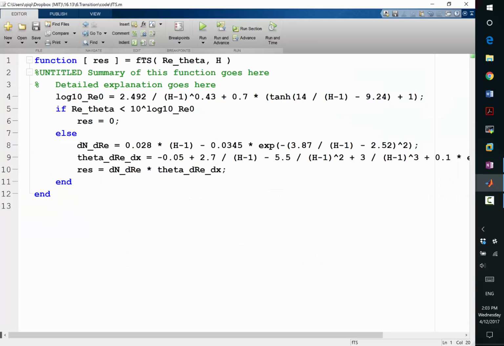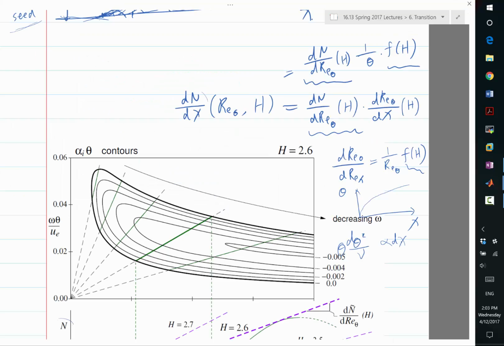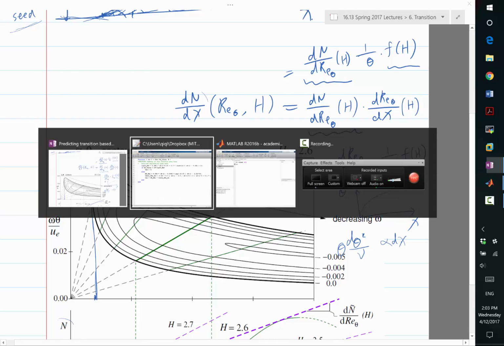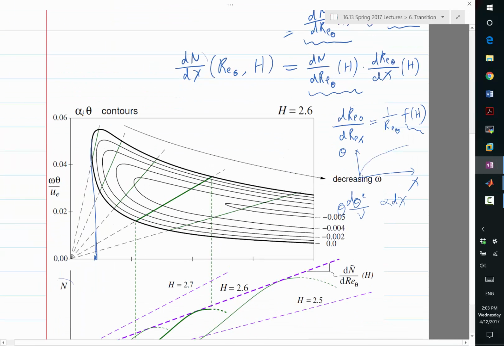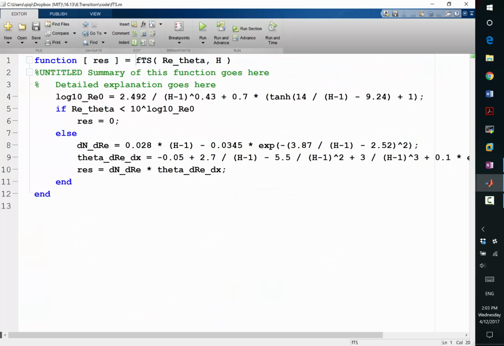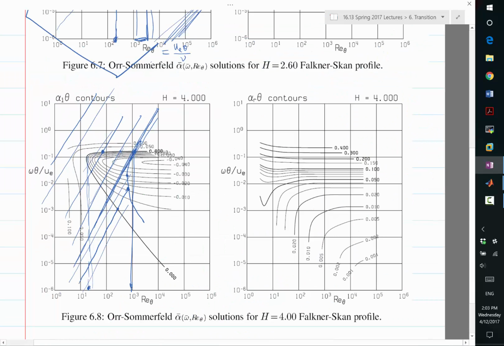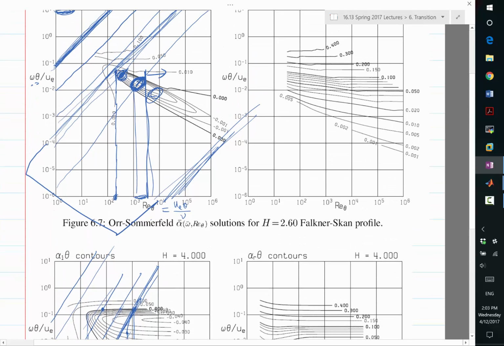Okay, so that function, first of all, looks at this point. For a different h, it looks for what is the initial Re theta that is going to give me any growth in the unsteady waves. So again, it's a data fit based on the different plots of this.